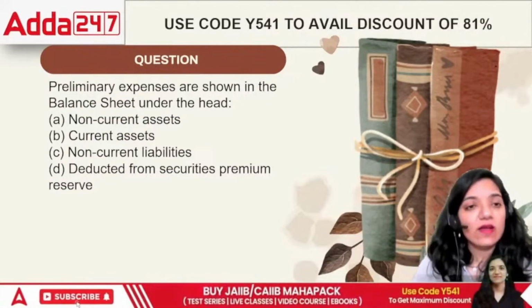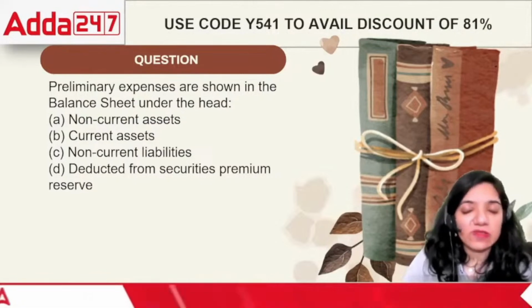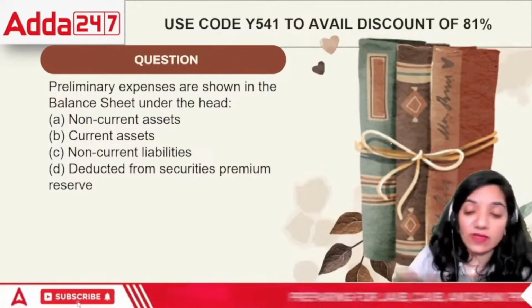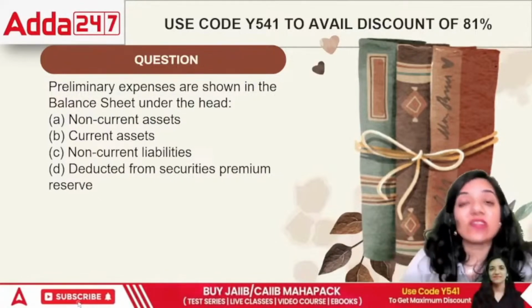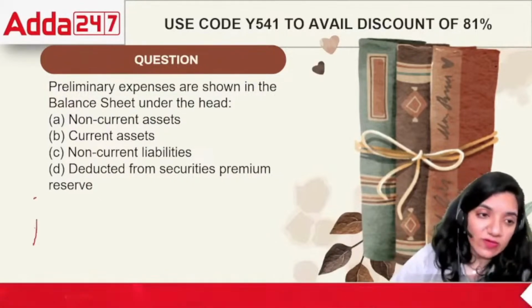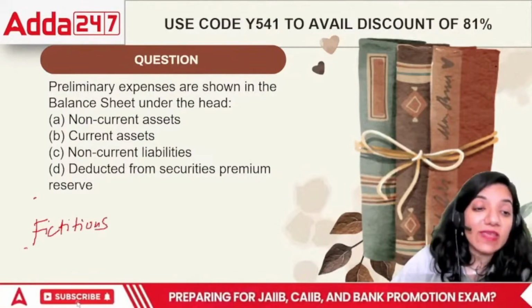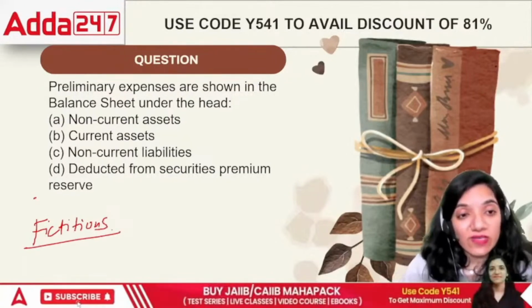Preliminary expenses are what we call a fictitious asset. It's not a proper asset, it is not a tangible asset, it's a fictitious asset. It just exists in the books, but overall it was incurred long back, even before the making of the business itself. So it is a fictitious asset.